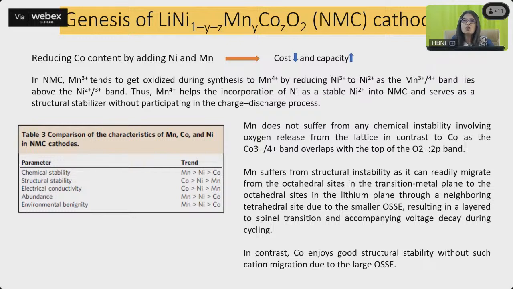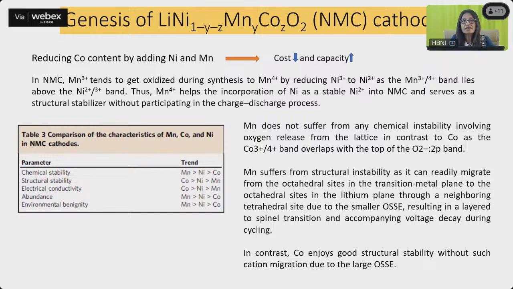So to reduce the cost and reduce the dependence on all these other factors, the point is how you can reduce cobalt, but yet you don't compromise on the cathode characteristics of the LIB. The materials chosen to substitute cobalt were nickel and manganese. This definitely brings down the cost and it also increases the capacity.